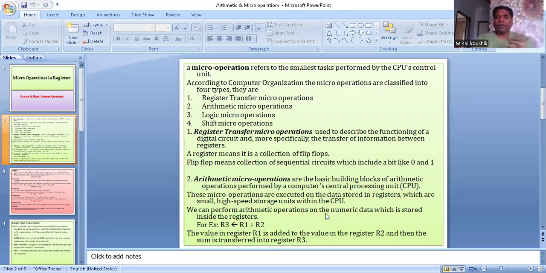Whether it is small data or big data, I don't know. We can perform arithmetic operations on the numerical data which is stored inside the register. Be very careful, because arithmetic operations are purely mathematical operations. Mathematics means we can play with numerical values. We can apply some kind of operations between two numerical values.